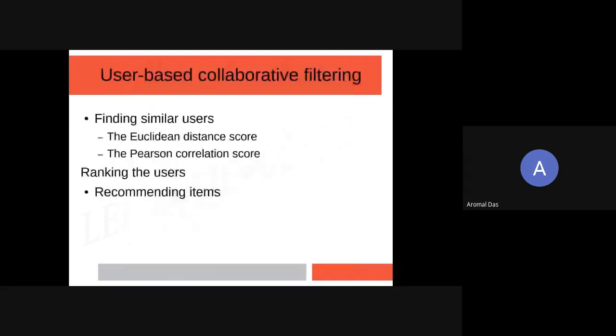User-based collaborative filtering is used for finding similar users based on Euclidean distance score or Pearson correlation score. So ranking the users is based on recommending items.